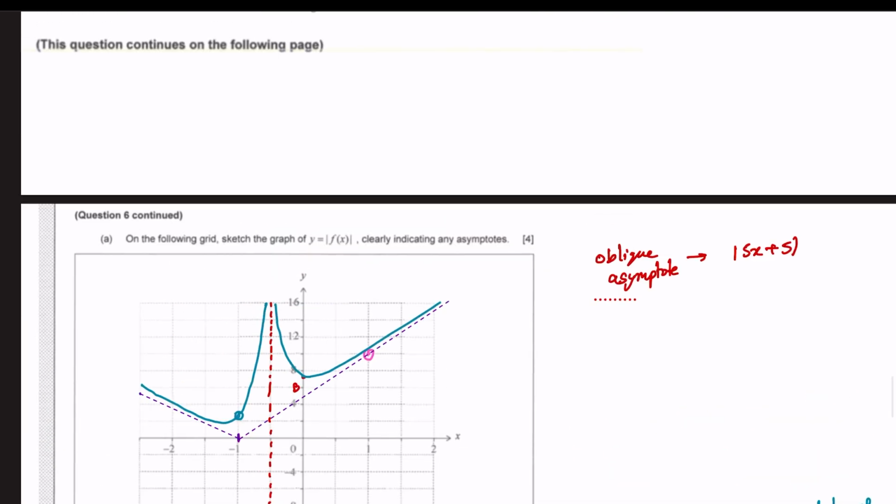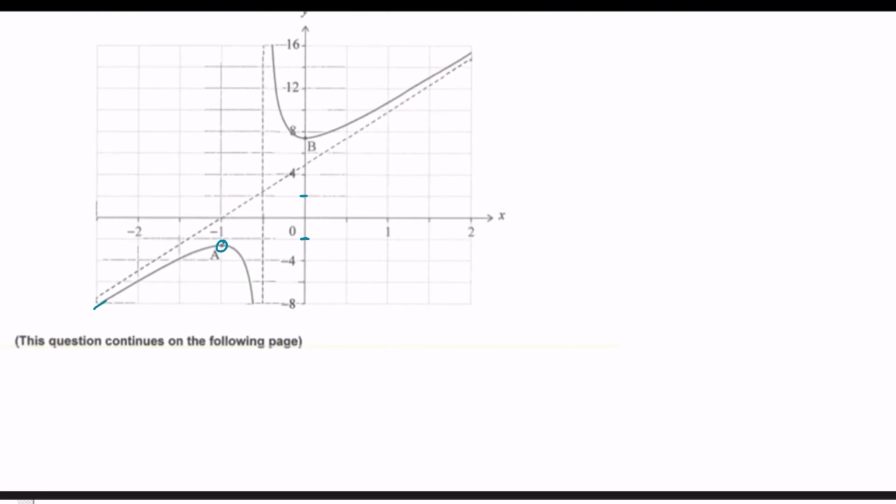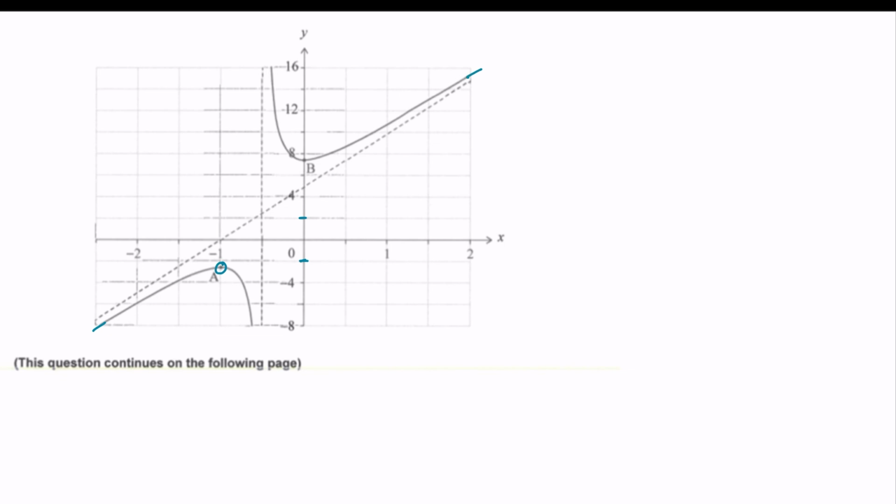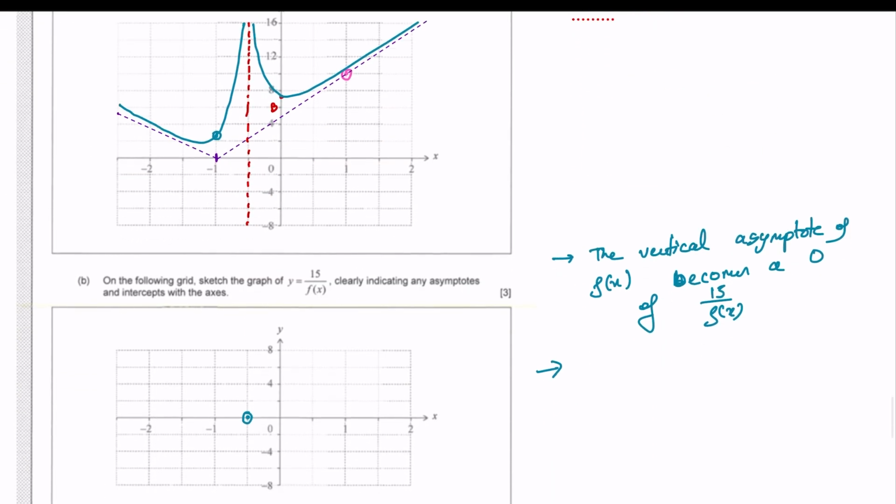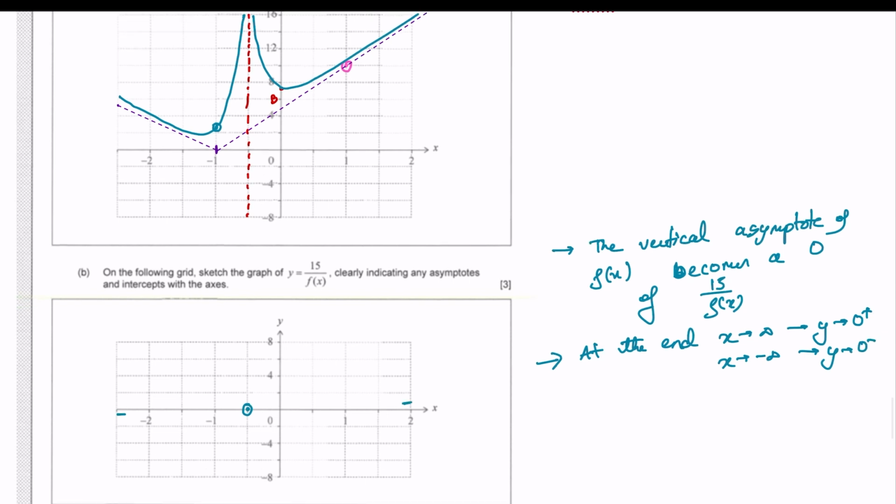Next, as this tends to -infinity on the left side, and the right side tends to infinity, 1 by -infinity is a value a little bit smaller than 0, and 1 by infinity is 0 plus. So as x tends to infinity, y tends to 0 plus, and as x tends to -infinity, y tends to 0 minus. So the curve will end here and here.